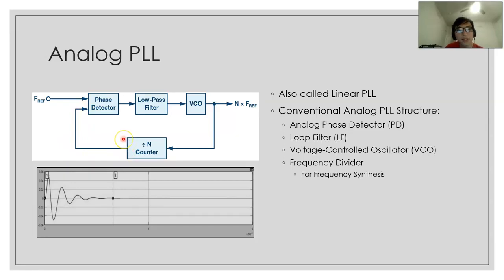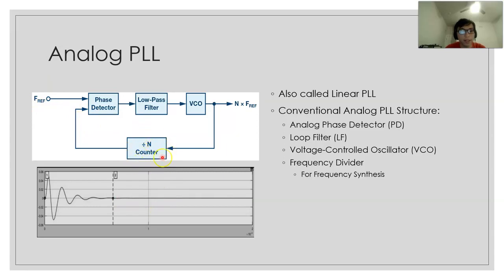The frequency and phase of these two are aligned by these three blocks, so that the feedback signal is aligned with the reference. As soon as the phase difference and frequency difference between the feedback signal and reference signal reach 0 in the graph right here, the loop is locked, and FREF is equal to F feedback.